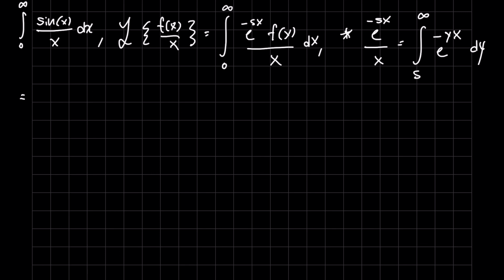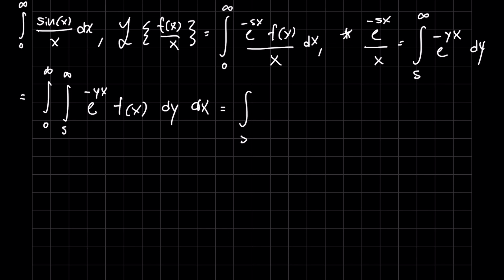And so this is equal to the integral from 0 to infinity and then the integral from s to infinity of e to the minus yx f of x dy dx. Exchanging the order of integration, we have the integral from s to infinity and then the integral from 0 to infinity of e to the minus yx f of x dx dy.